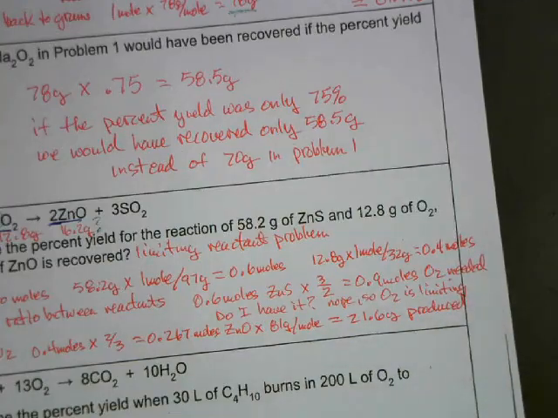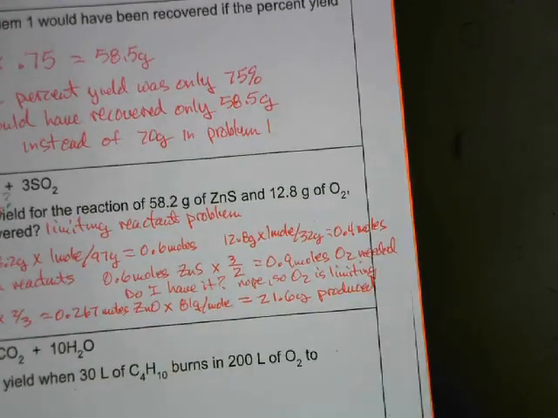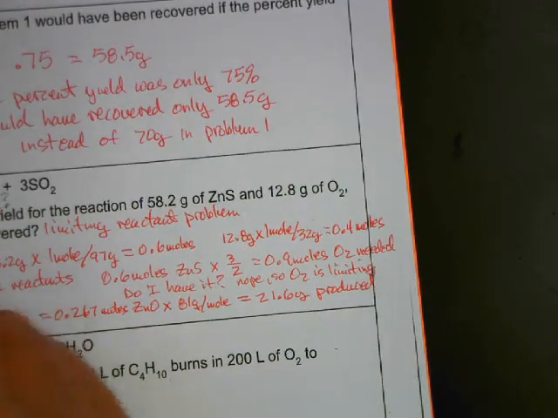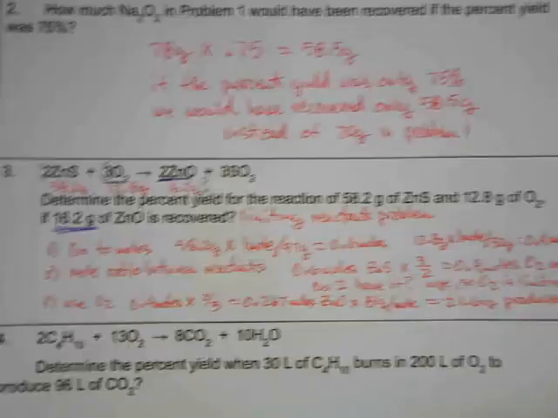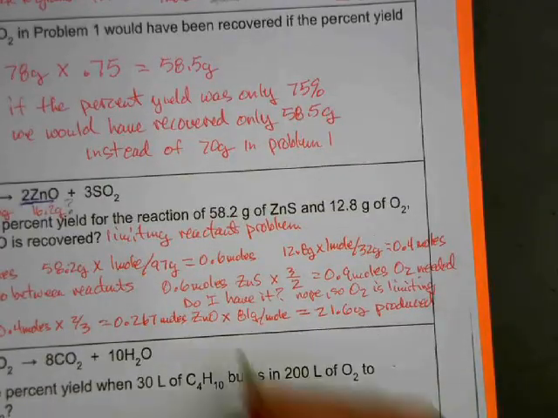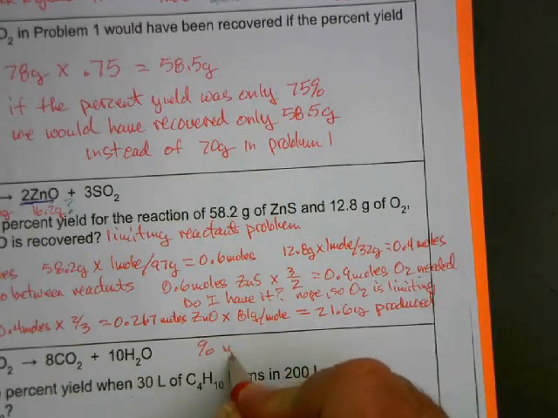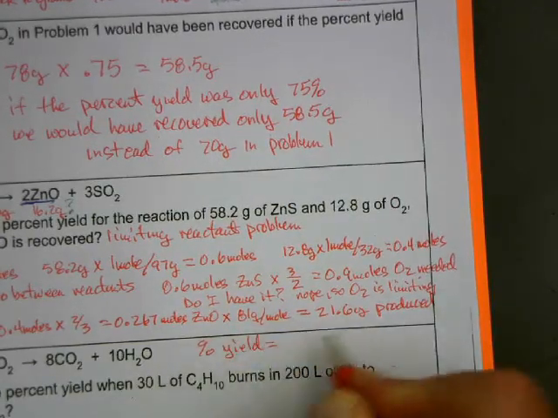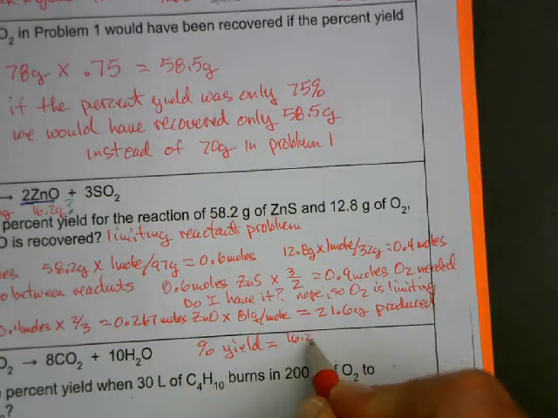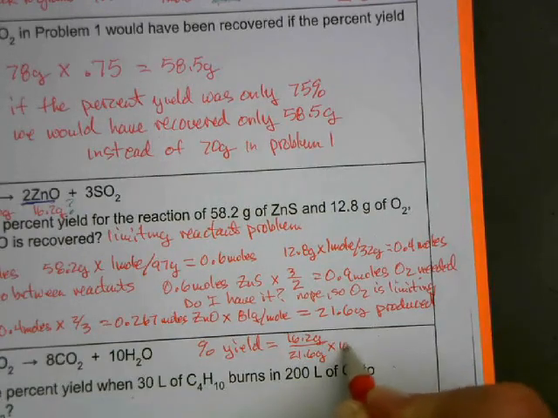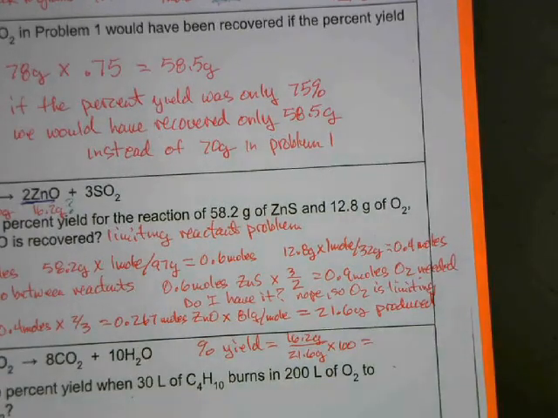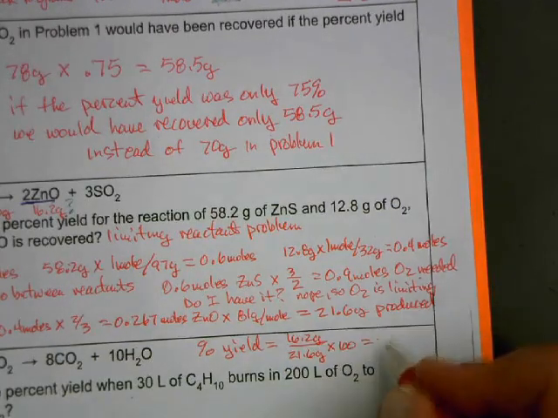That's what it's supposed to be. But I only got 16.2. I didn't get 21.6. So what's the percent yield? Percent yield will be the 16.2 over the 21.6 times 100, which was 75%.